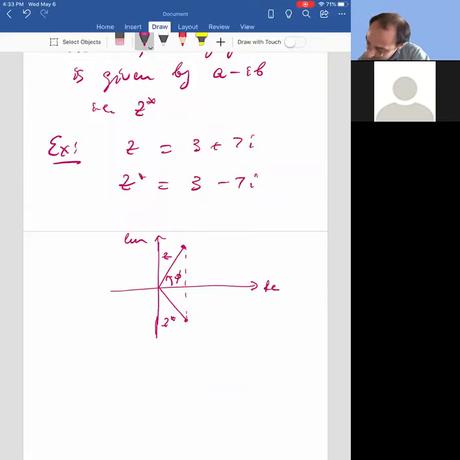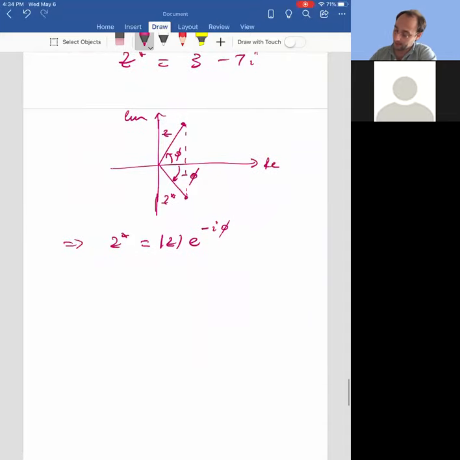So this has angle phi. This is angle minus phi. So how would you write z star in the amplitude-phase notation? Well, it has the same amplitude, but the angle is minus the angle of z. And this is very useful.